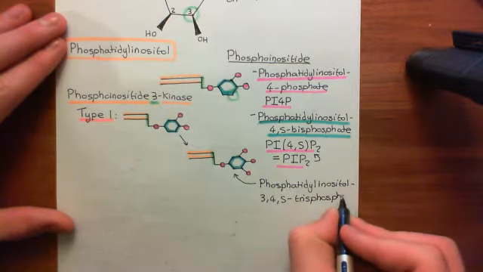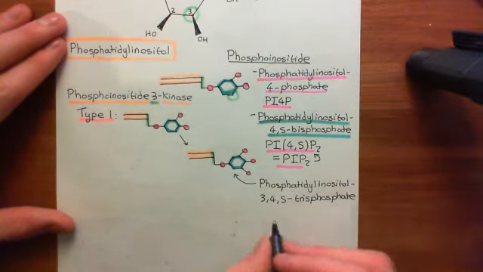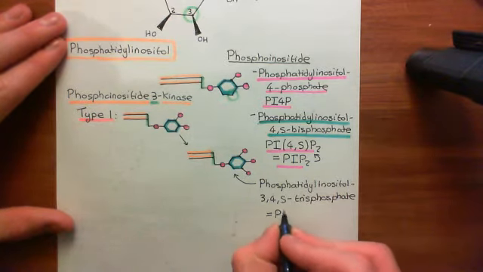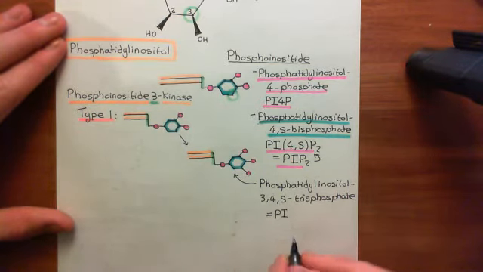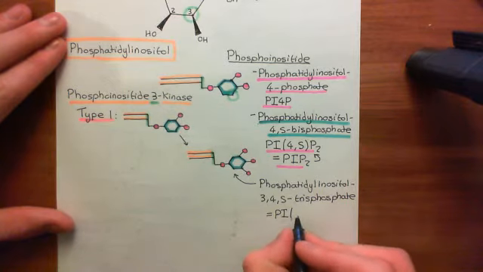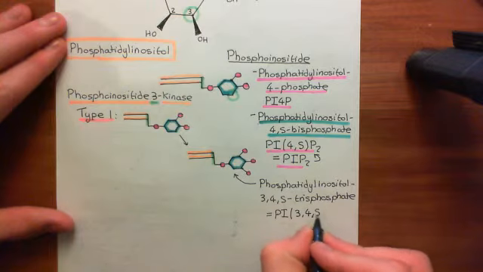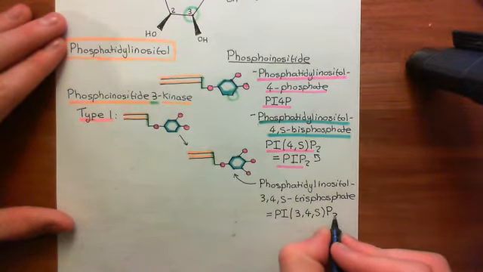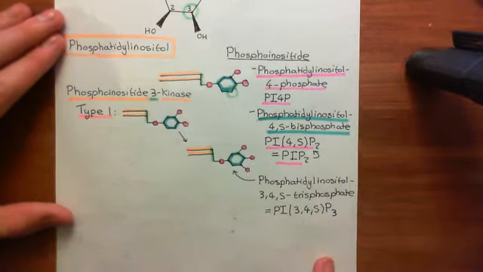Okay, so what is the abbreviation then for phosphatidylinositol 3,4,5-trisphosphate? Well, PI is the abbreviation for phosphatidylinositol, and then we'll have brackets 3, 4, 5, and then we've got 3 phosphate groups coming off, so P for phosphate, we've got it 3 times, so P3.